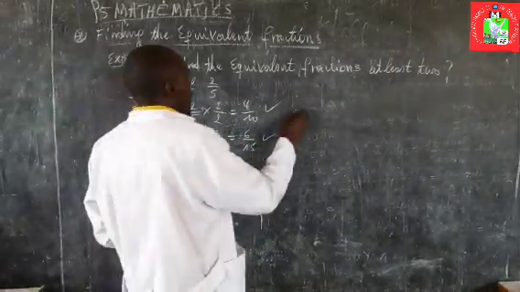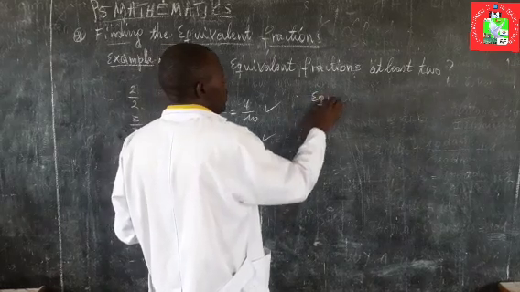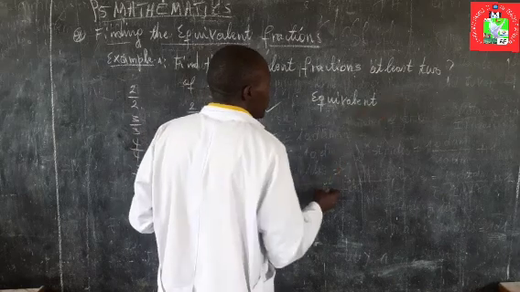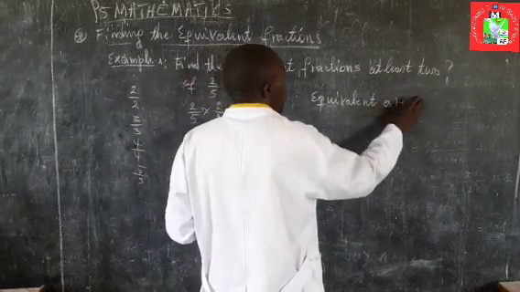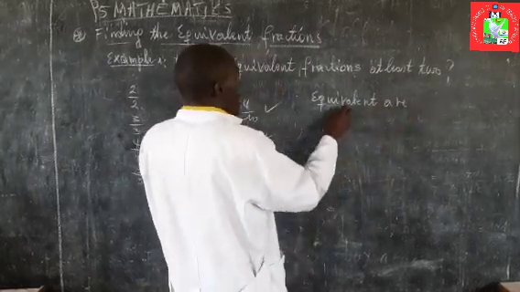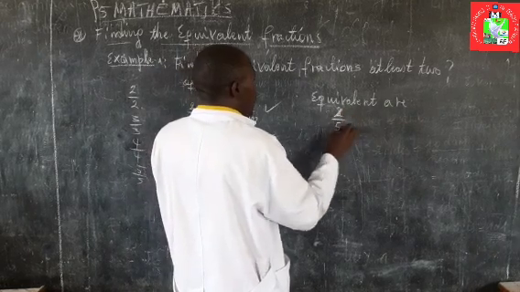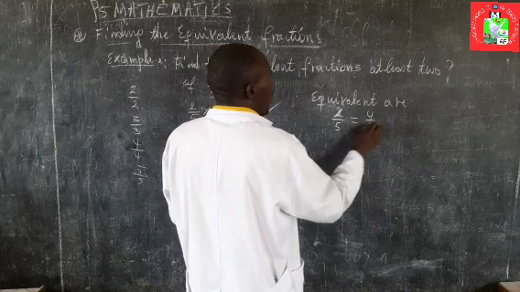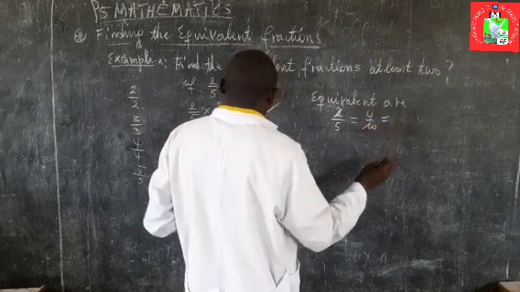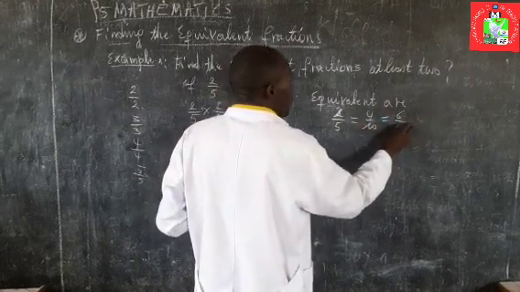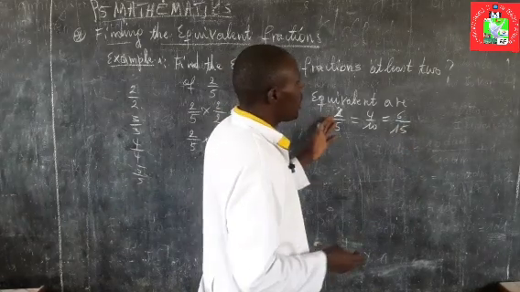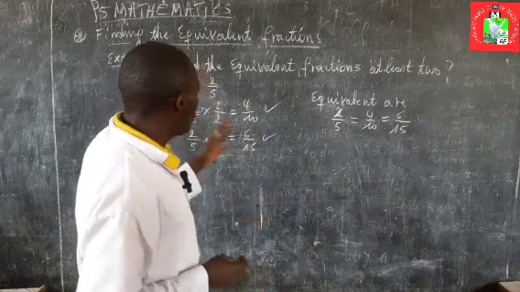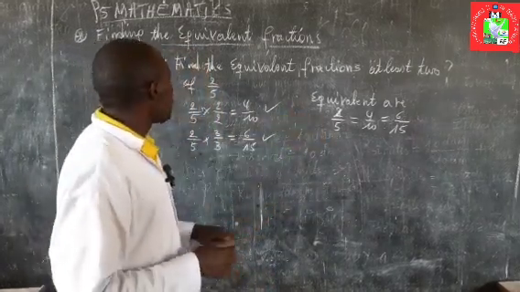So, the answer is that the given fraction 2 over 5 is equal to 4 over 10 and is equal to 6 over 15. This is the answer to finding two equivalent fractions.